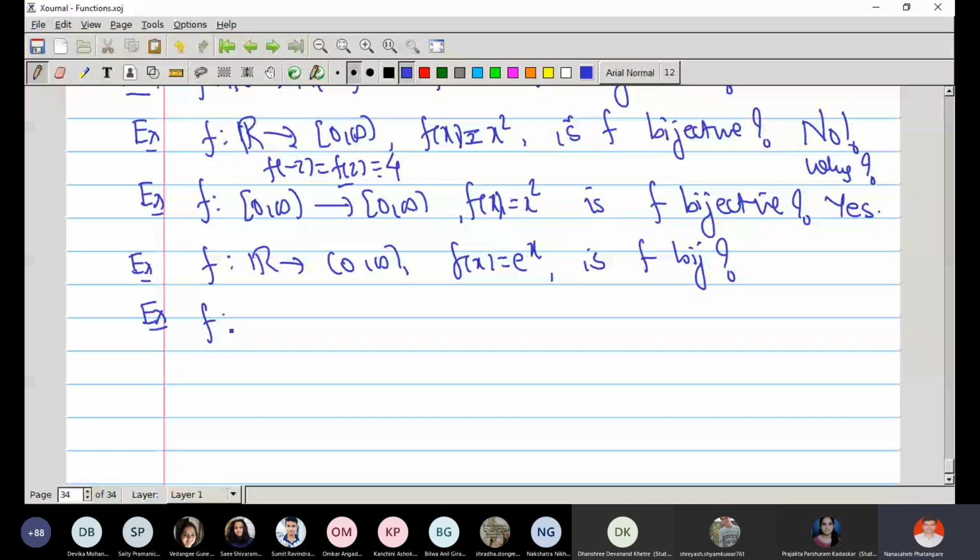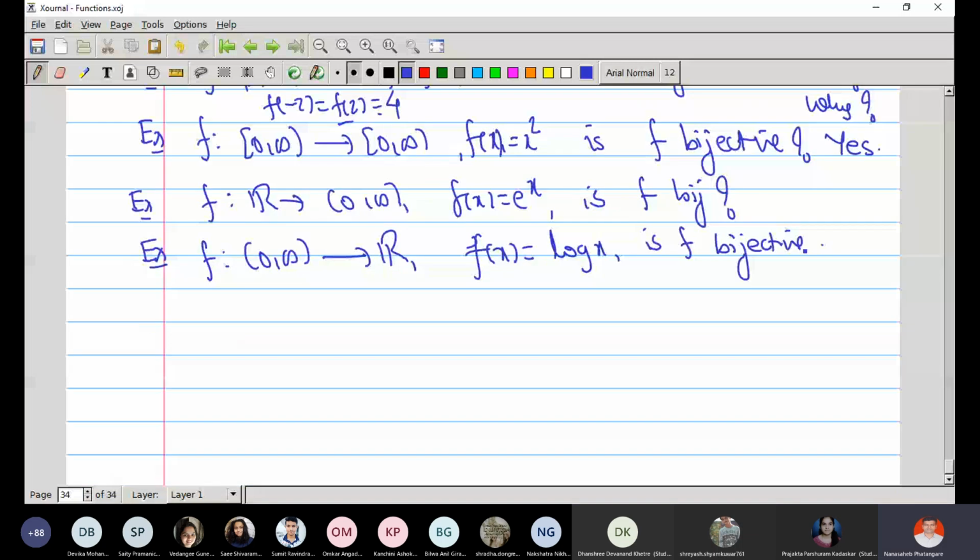Because e raised to x is 1-1, that we discussed earlier, and also it is onto 0 to infinity. So if I define f(x) is equal to log x, is f bijective? Yes, sir. Right, so log x is bijective if the domain is 0 to infinity. Exponential is bijective if the codomain is 0 to infinity, because the range is 0 to infinity.